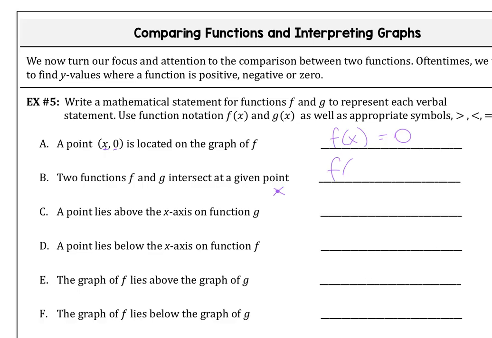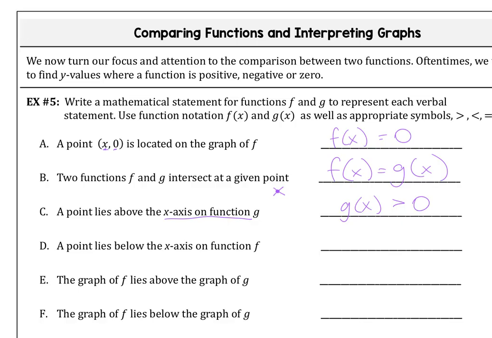So f of x equals g of x. A point lies above the x-axis on function g. So g of x is greater than, not equal to, 0, because if we're above the x-axis, which is 0, then we have to be greater than it.